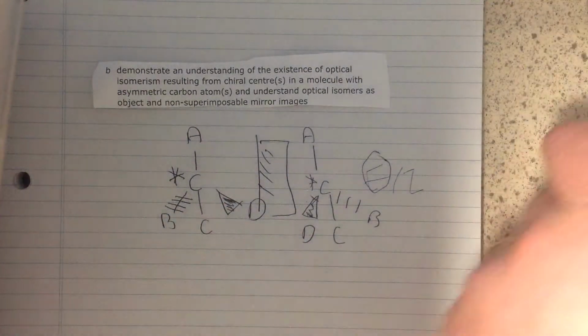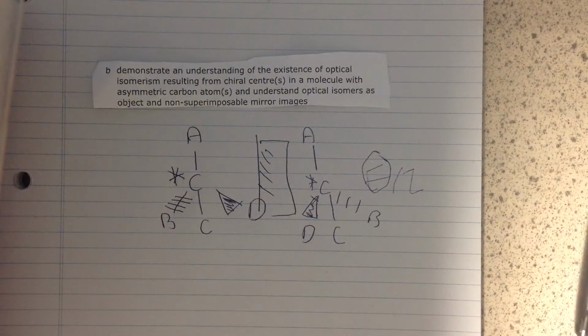What I mean by that is, if I had my first group attached, there is no example where I could simply rotate that around and have the same isomer.